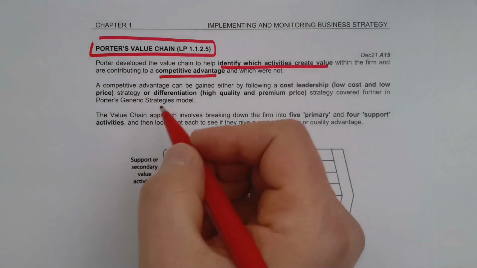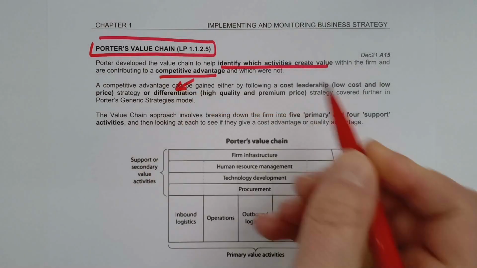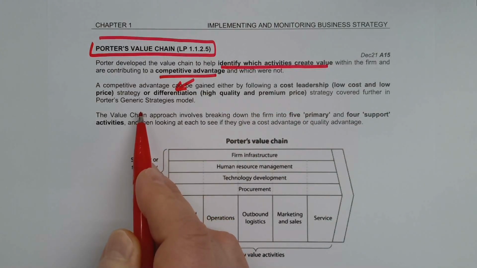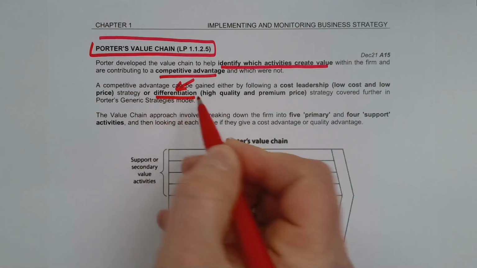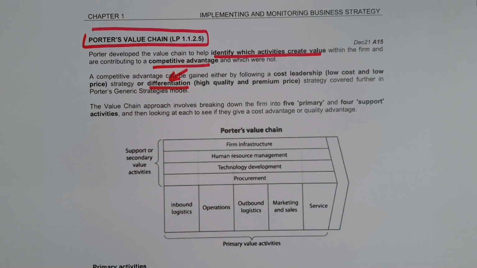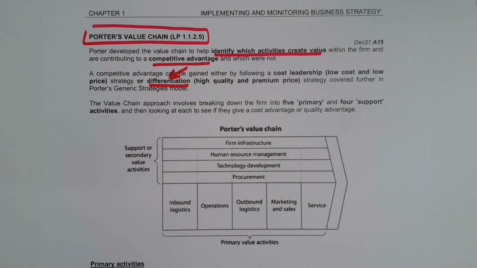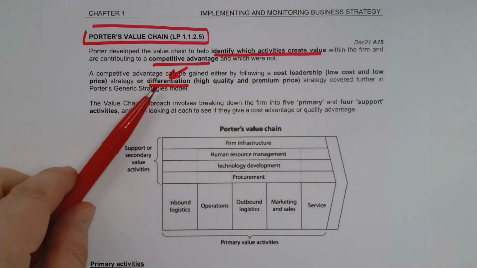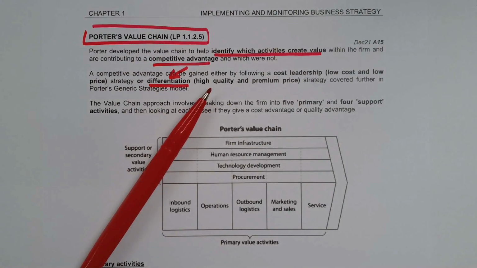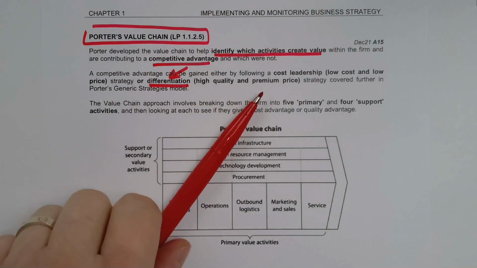Well, competitive advantage we're going to be looking at further when we get into Porter's generics. But let's introduce this competitive advantage now. This is looking at two ways a business can compete. So you can compete on differentiation. That means that you are aiming your products at high quality and charging premium prices.